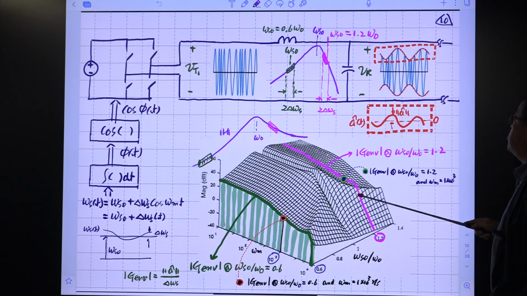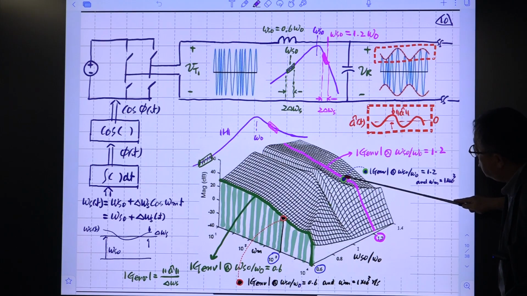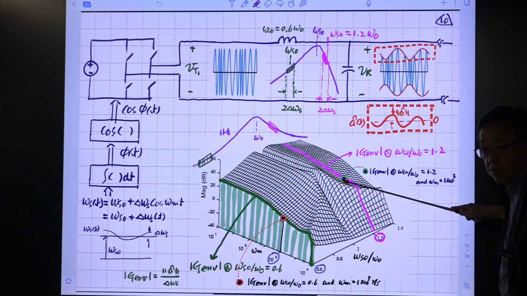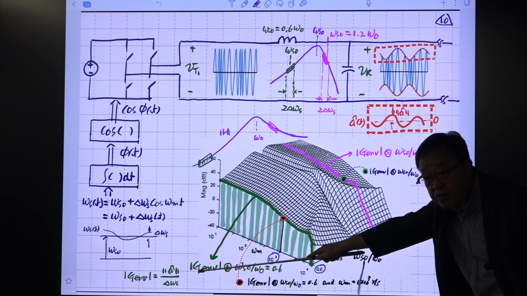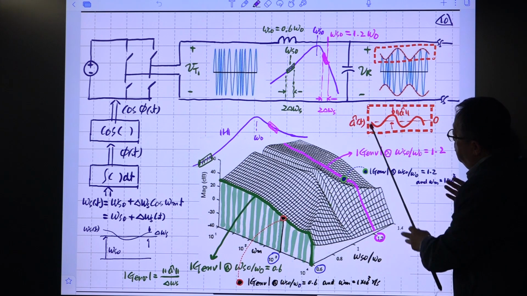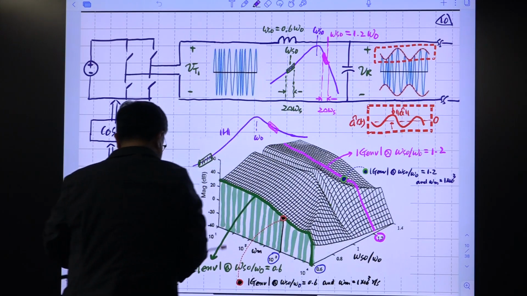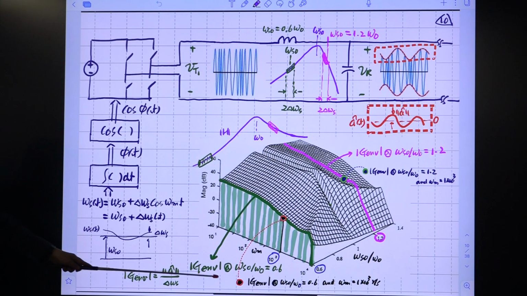Suppose this modulation frequency is this one, 1 kilohertz. This is the 1 kilohertz point. Then you have some value of this one.